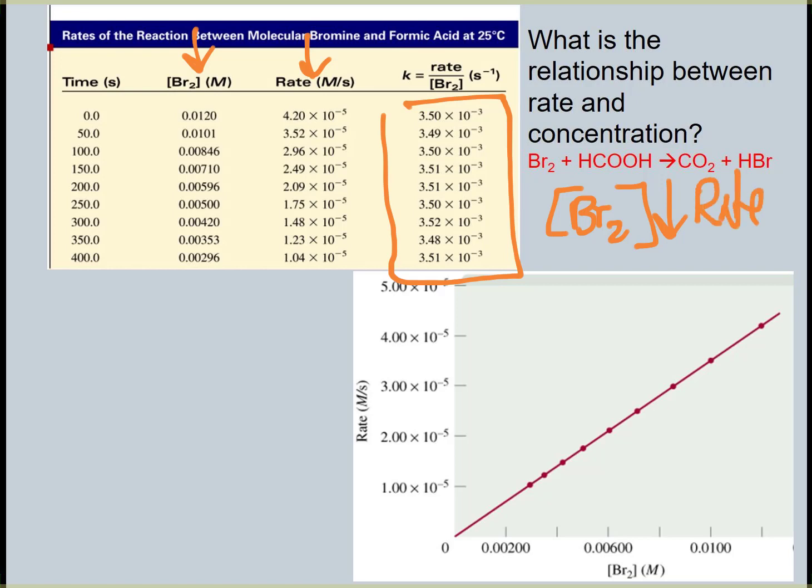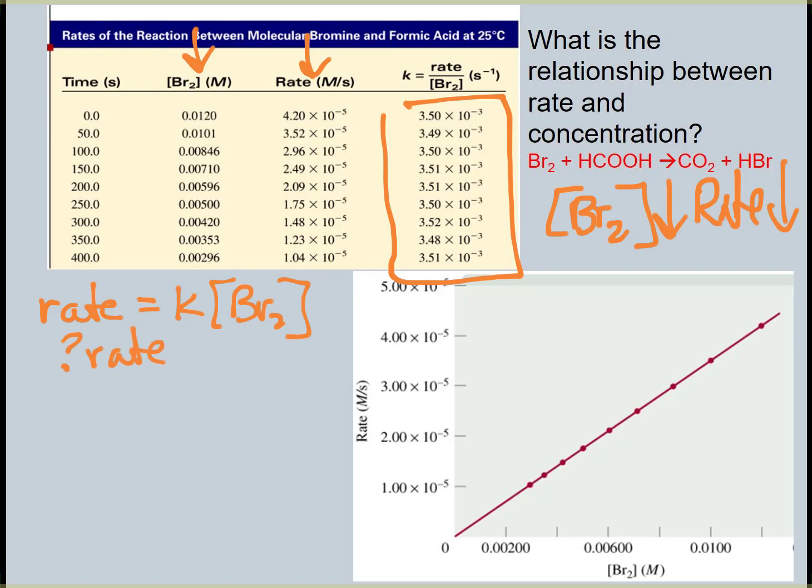So my rate starts at 4.2 times 10 to the minus 5, and I end up with 1 times 10 to the minus 5. So I see that as the concentration of, in this case, my Br2 goes down, my rate goes down too. If it is given that the rate equals K times the concentration of Br2, then how do you find the rate law constant?